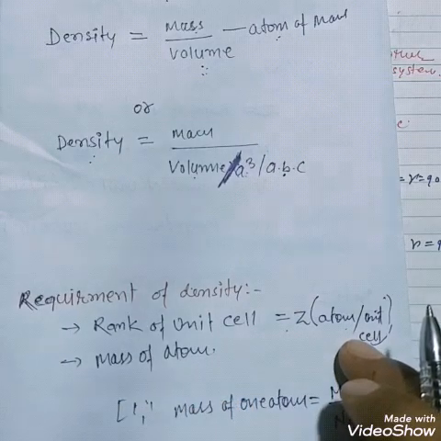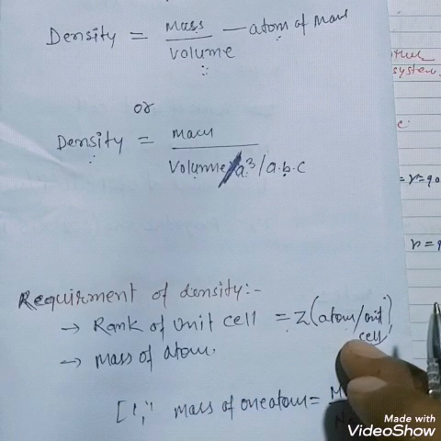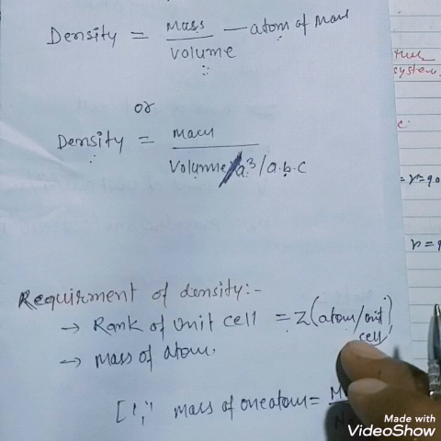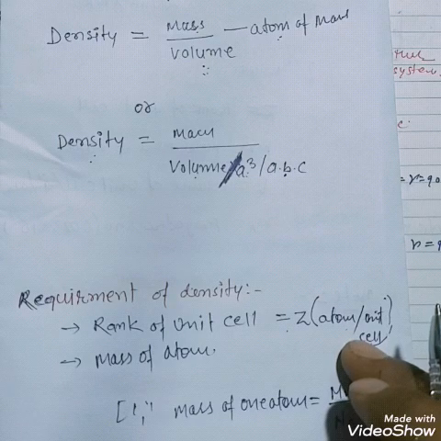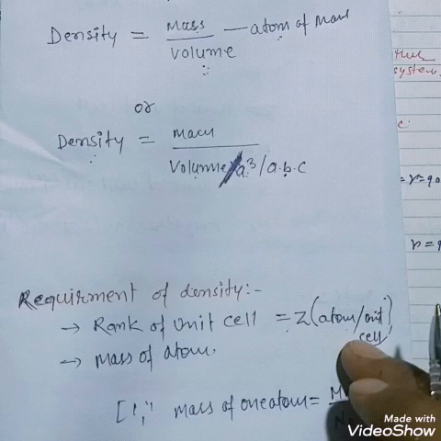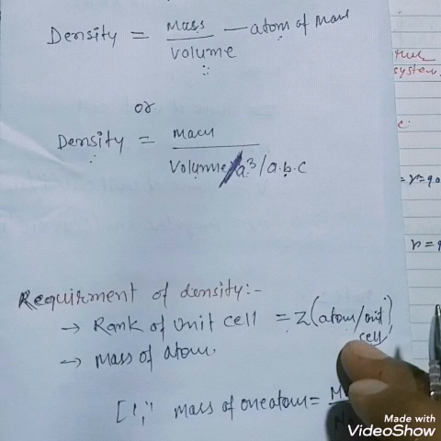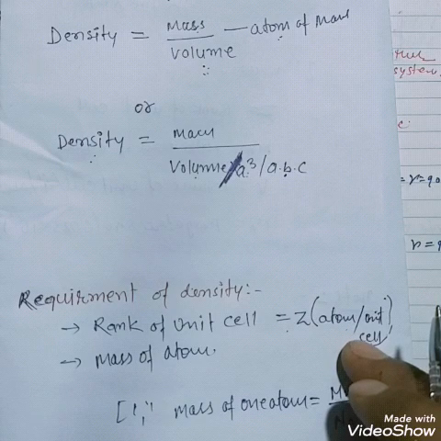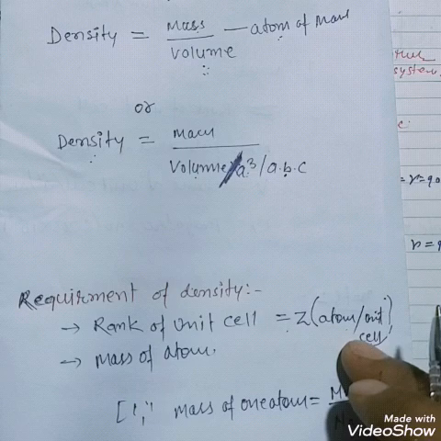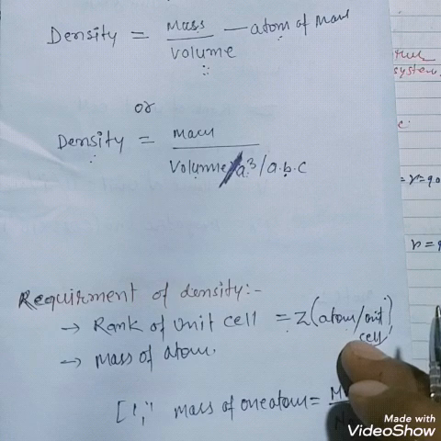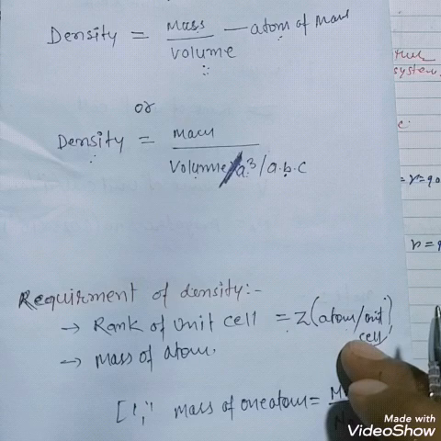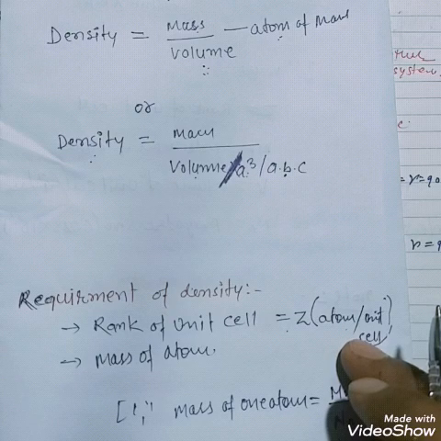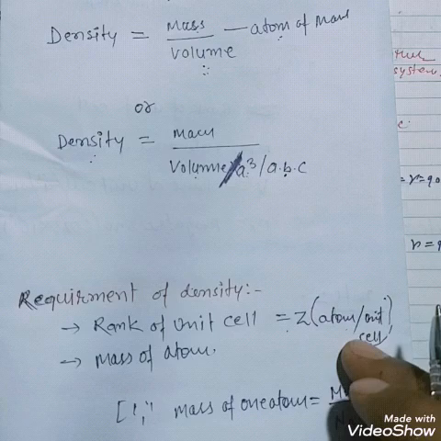Whenever I talk about simple cubic, body centered or FCC, a simple cubic cell has 8 corner atoms, and 8 times one-eighth equals 1 atom. So SCC has 1 atom per unit cell, BCC has 2, and FCC has 4. Different crystals have different numbers of atoms per unit cell.